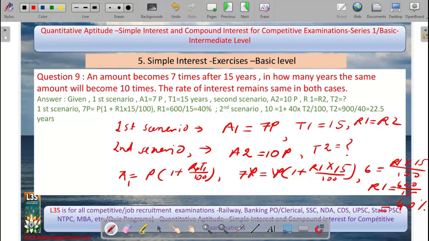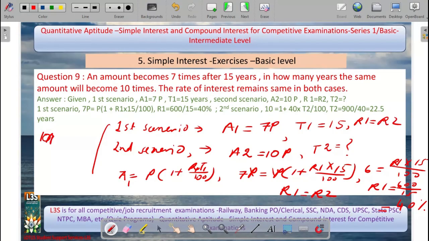So we come to know R1 rate of interest, and we know R1 is equal to R2. So now in the second scenario, easily we can find out.